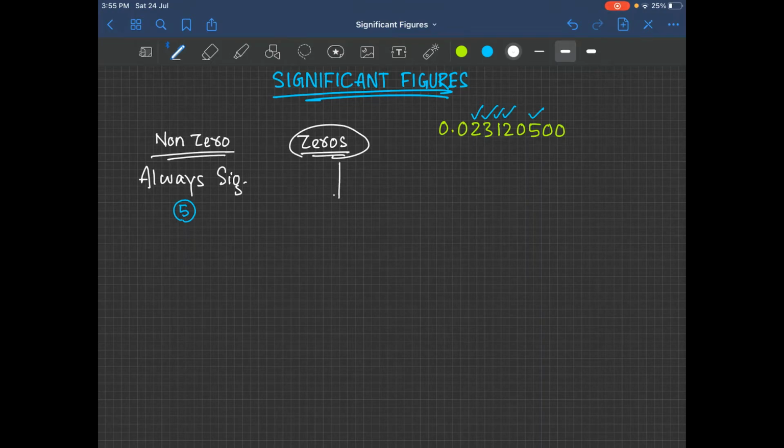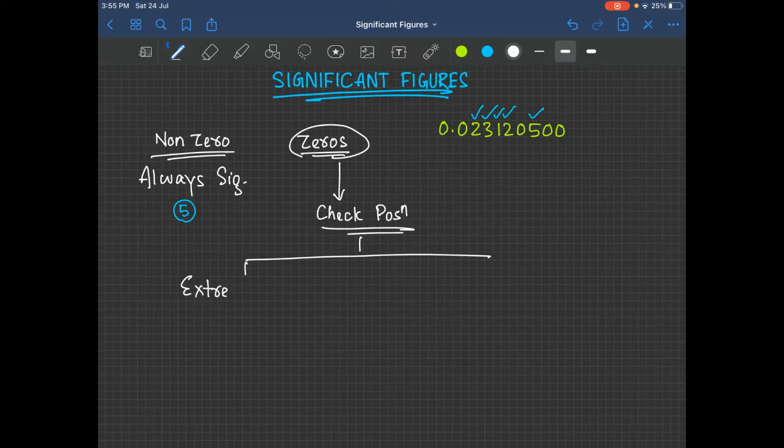Now we will check their position. We will check the positions of all the zeros. For zeros there are 3 possible positions. One is extreme left. Extreme left means we check the first non-zero digit and see whether there are any zeros to the left of it.